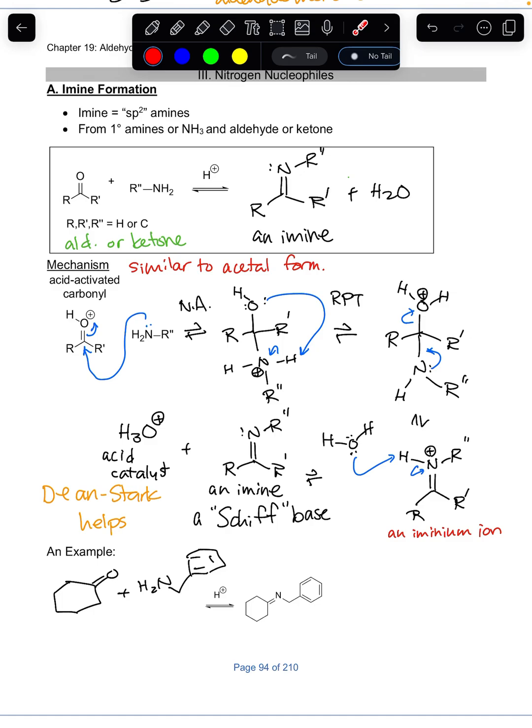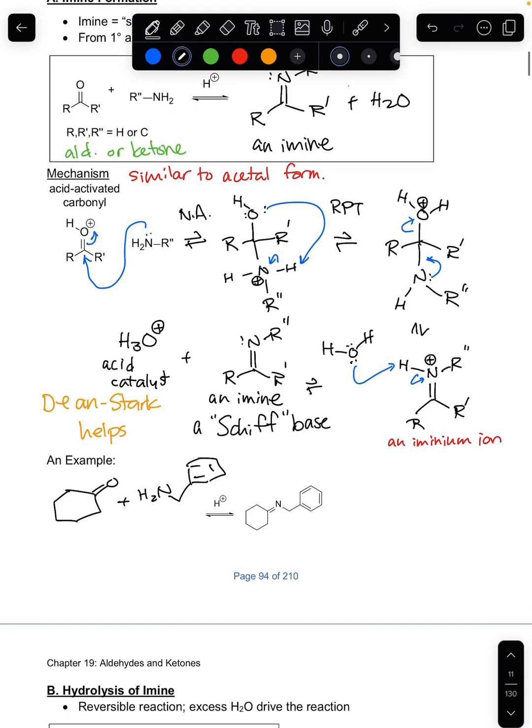Okay. Now, I feel like I didn't really provide enough examples here, so I might say if you were to react the same ketone with something like ammonia or ammonium ion. So ammonium ion would be the combination of acid catalyst and an ammonia nucleophile together.